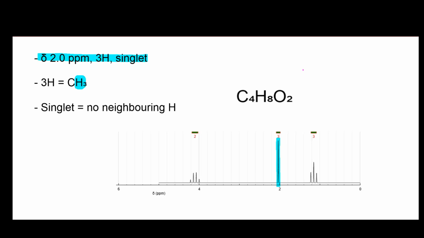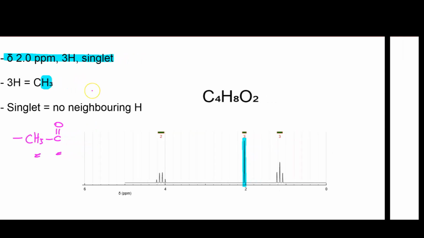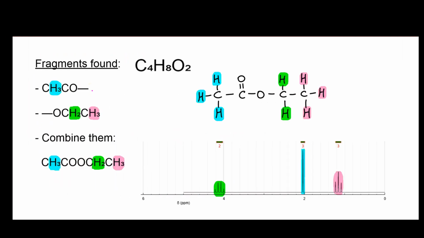It is a singlet because the adjacent carbonyl group has no hydrogen atoms attached to it. So this suggests a CH₃CO group, where the CH₃ is next to a carbonyl group. We now have found 2 fragments, CH₃CO and OCH₂CH₃.